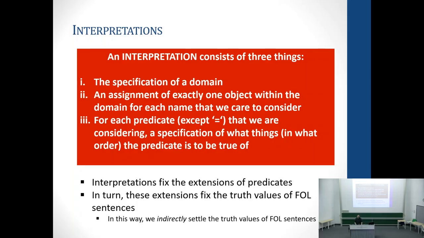So in this way, we fix extensions, and it indirectly fixes the truth value of the sentences by fixing the base units, and then so on and so on. So again, an interpretation: domain, objects in the domain picked out by names if there are any, and extensions of predicates. Extensions of predicates being what objects from the domain satisfy which of the predicates.